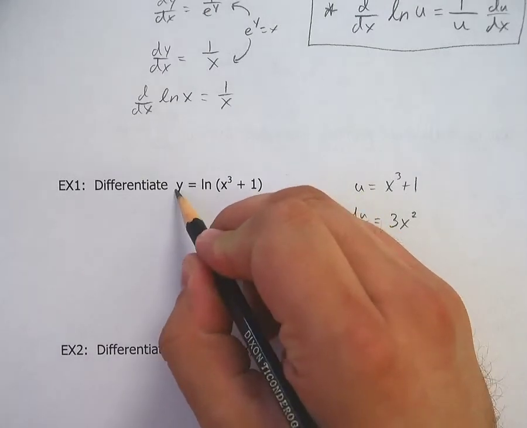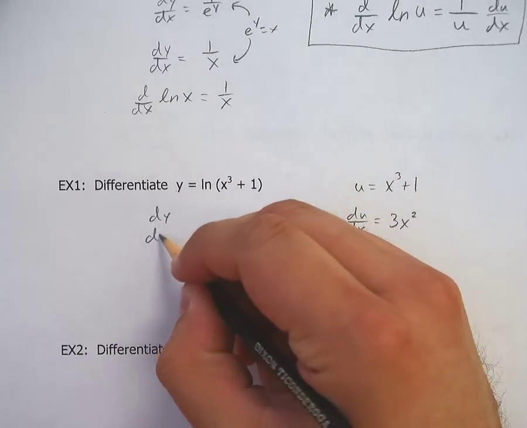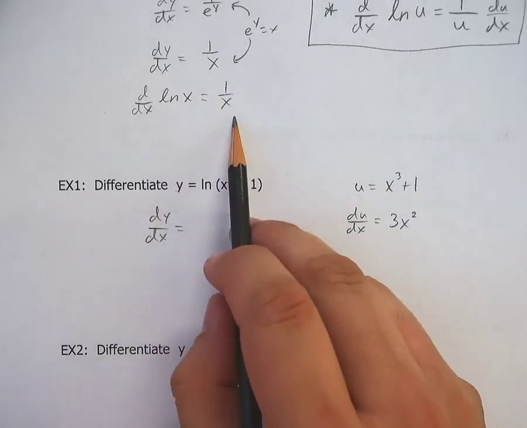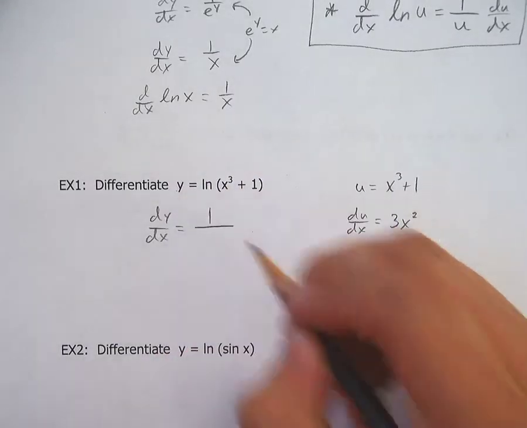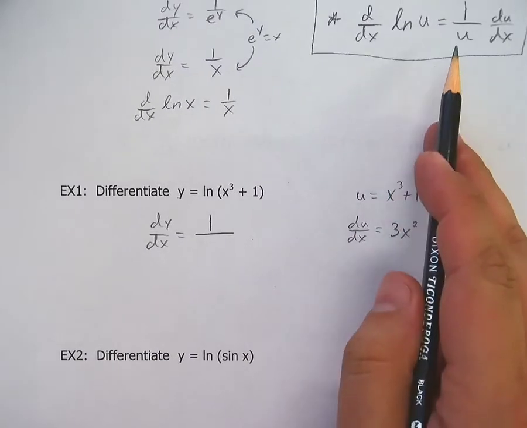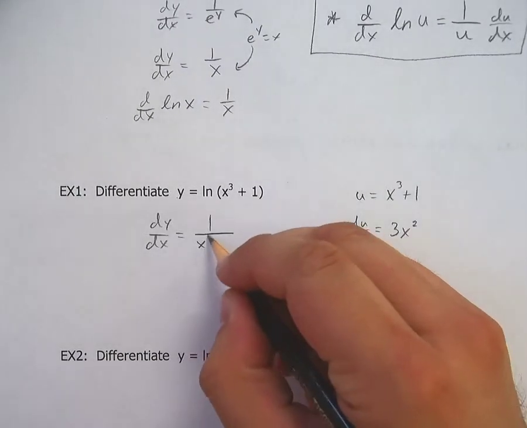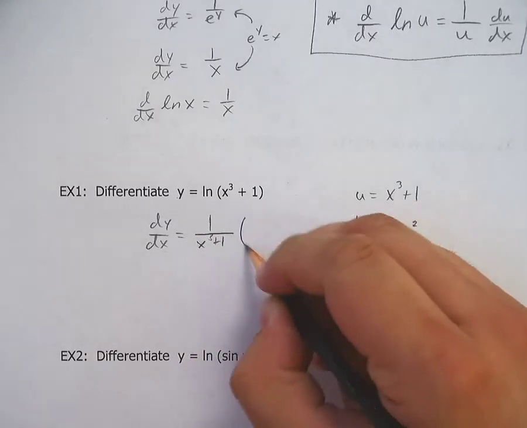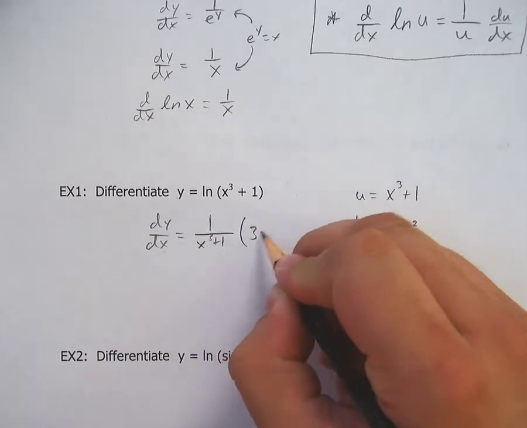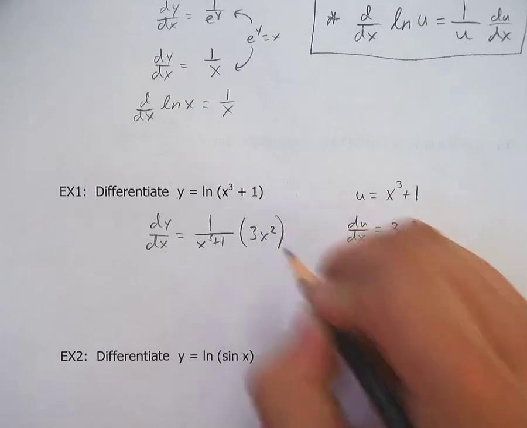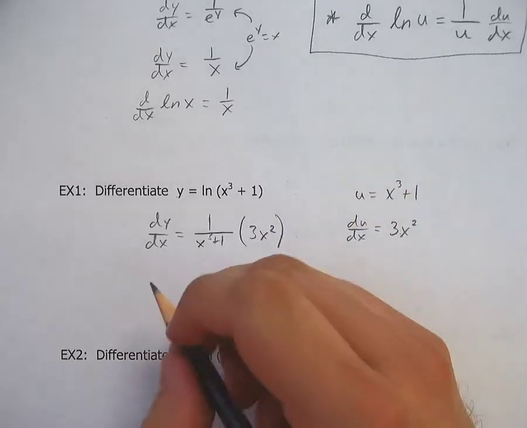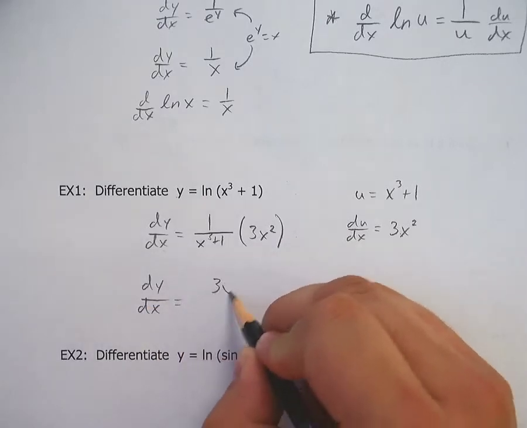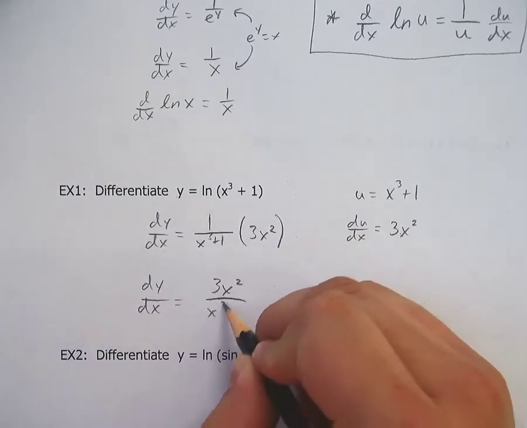All right, so the derivative, dy dx, is going to be 1 over u, in this case 1 over x cubed plus 1, times du dx, 3x squared. And then we can simplify that as 3x squared over x cubed plus 1.